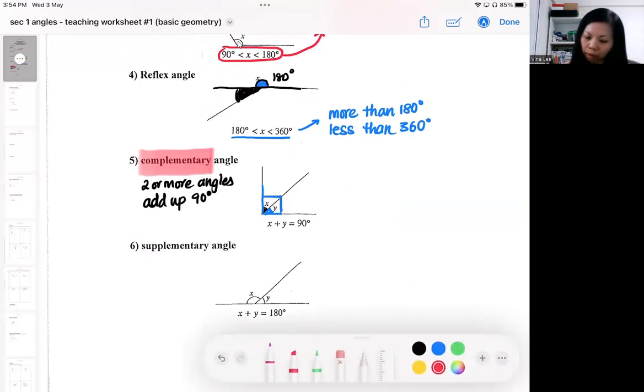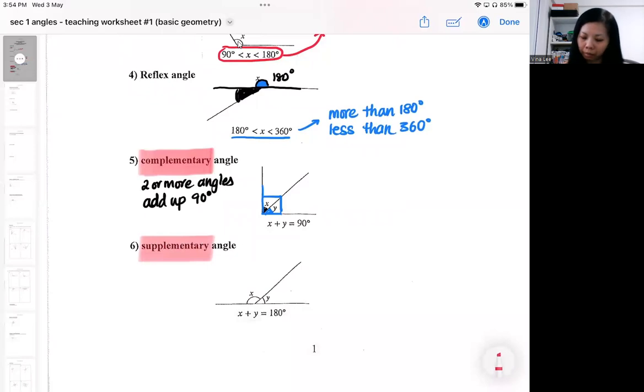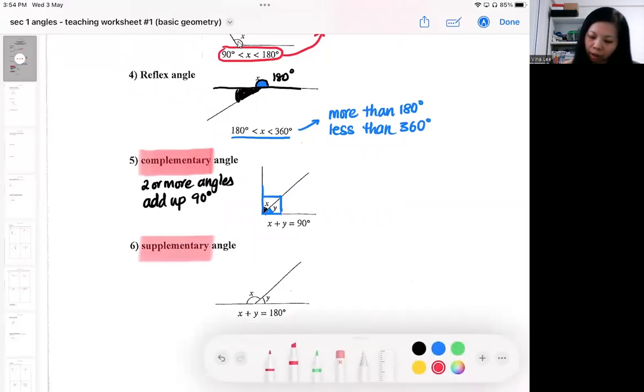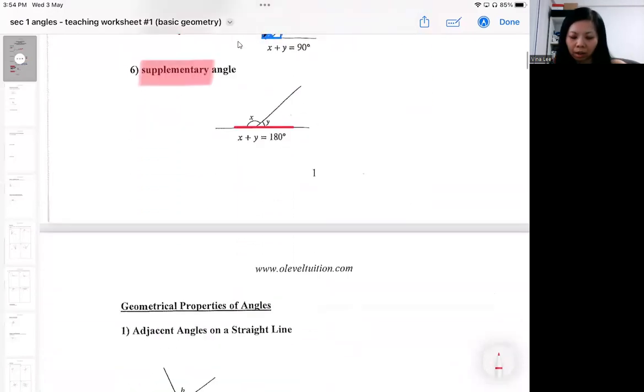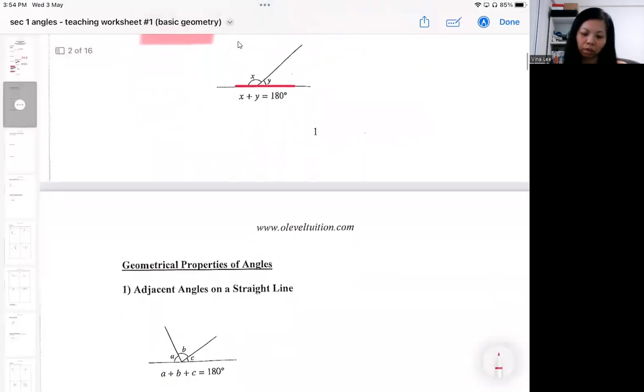Okay, and also if they add up to 180, like this one, the two angles add up to 180, we call it supplementary angle. But we seldom use this word, because to be honest, when angles are on a horizontal line, obviously they add up to 180. We usually use the one that says adjacent angles on a straight line.